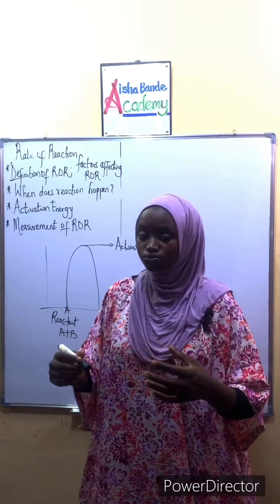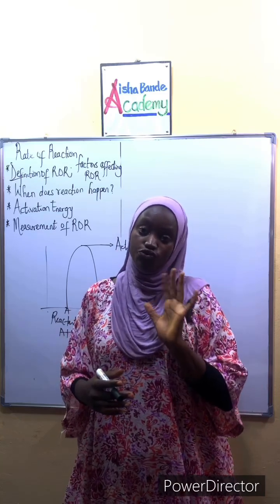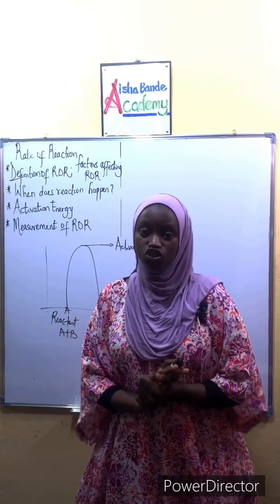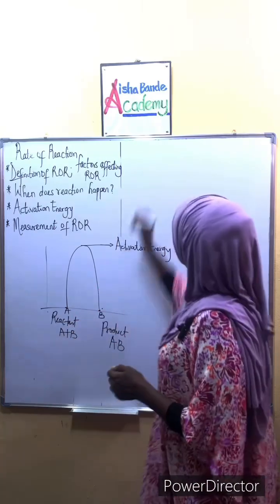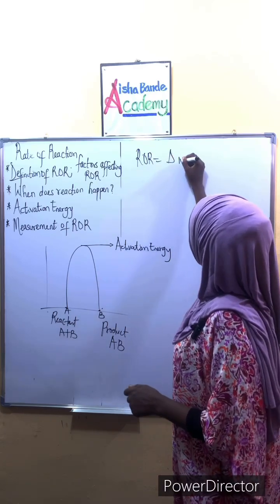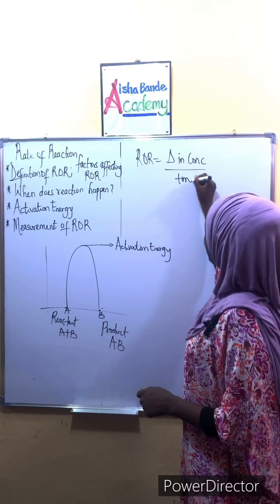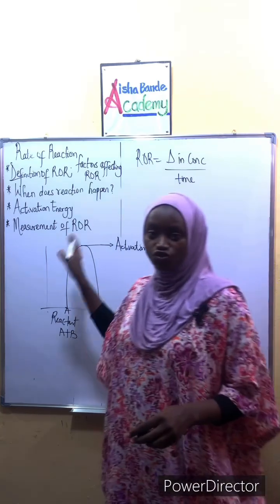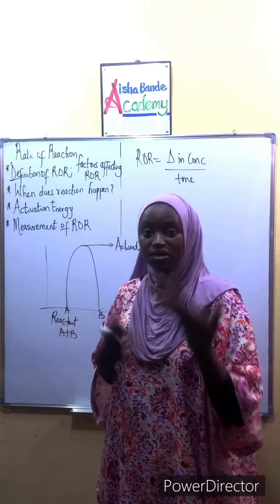So the mathematical representation, or the formula, for rate of reaction is given as change in concentration over time. So the rate of reaction is given as the change in concentration all over time. So this is the formula for the rate of reaction. We have a mathematical problem under the rate of reaction for better understanding.